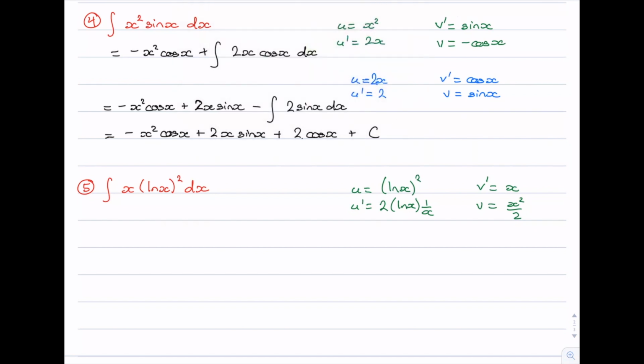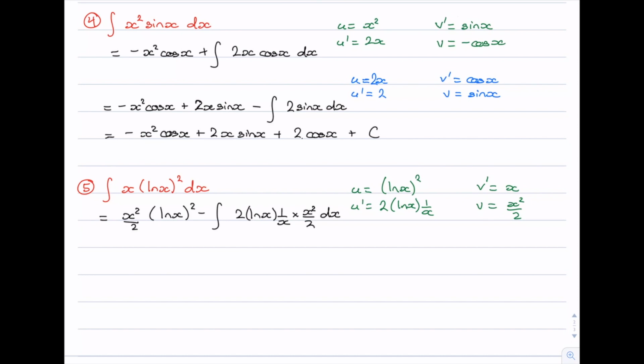Let's use our integration by parts formula. So it tells us u times v. So I'm going to write x squared on 2 first, times log of x squared, minus the integral of u dash times v. Now u dash is 2 log x times 1 on x, and v is x squared on 2.